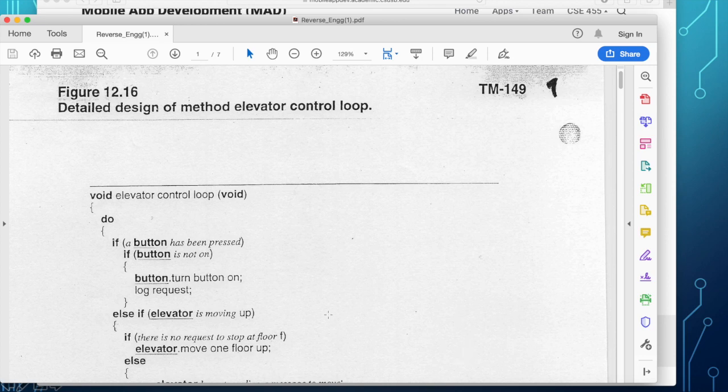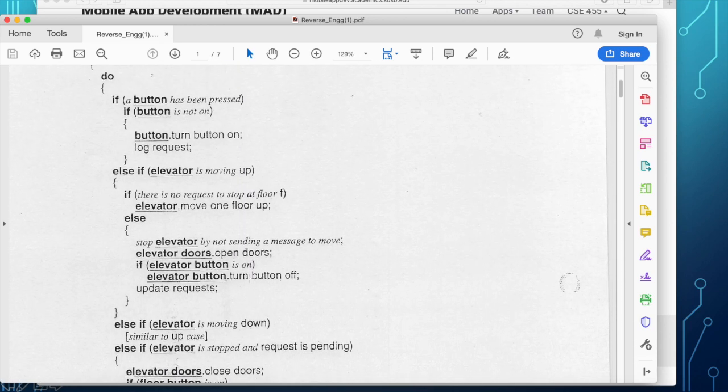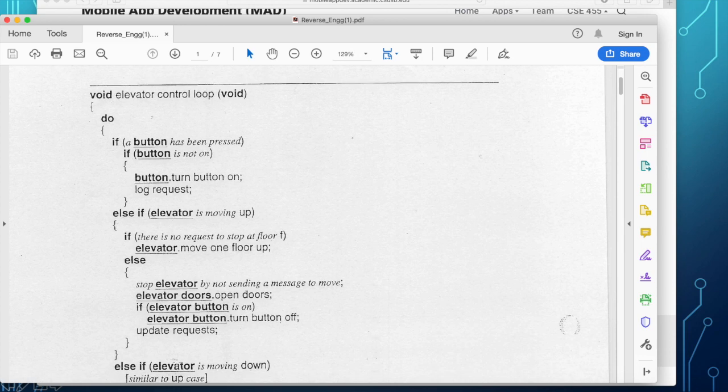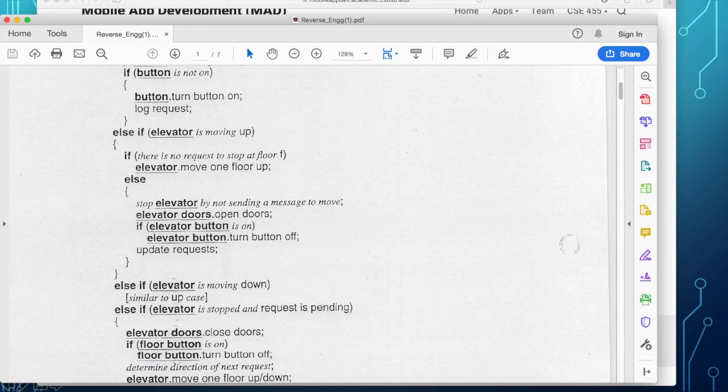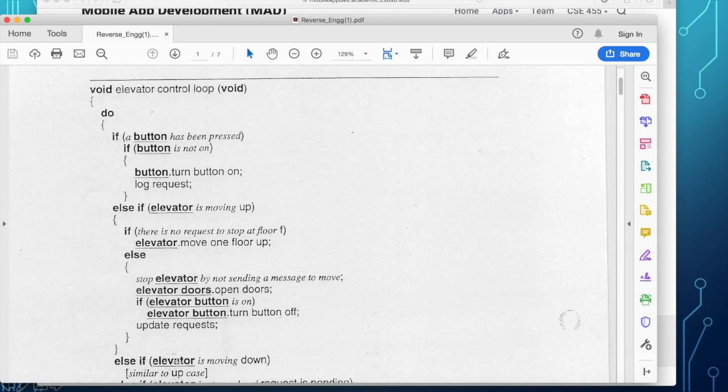And the elevator control, as you can see here, is written in some high-level language or pseudocode. Although it looks like C, the other parts of the algorithm are not really following the syntax of the language, but it shows you the overall logic.